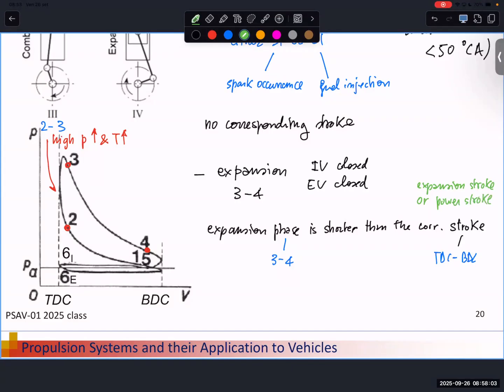And this is, I would say, the motivation why we are building our engine, because we want to obtain a power generation inside the cylinder in order to move the vehicle. For instance, move the vehicle or obtain some power for something else, so electrical power generation. But for our application, we are talking about moving the vehicle.